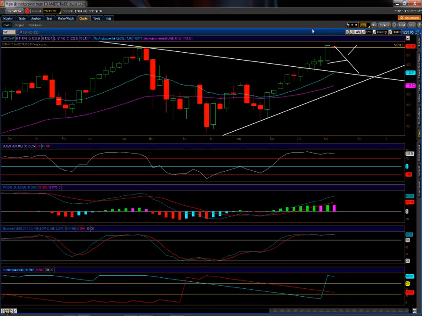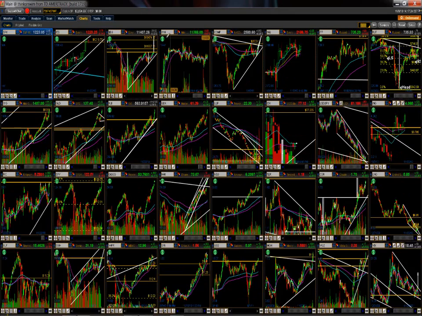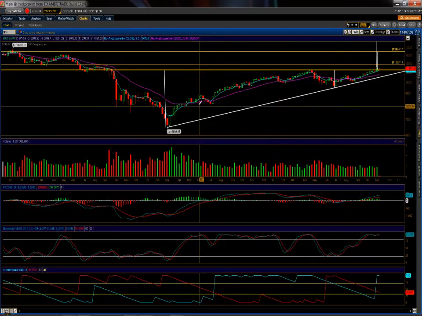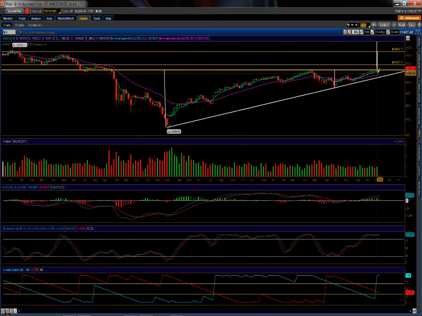If we go ahead and look at some of the other indices, the Dow Jones has actually done the same exact thing. On the Dow Jones on the weekly, like you can see, we have changed to a bullish trend. You can almost see a cup and handle forming, cup and handle or an ascending triangle.